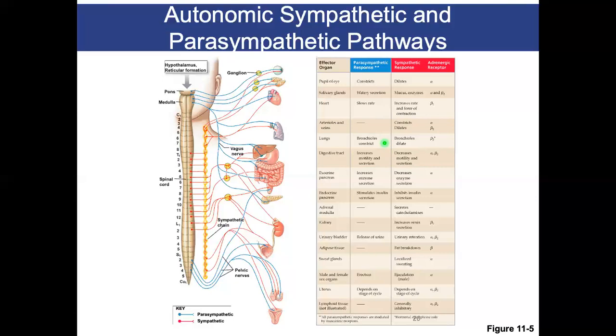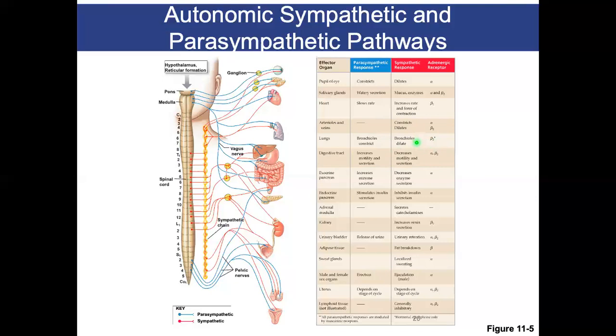So what's the treatment for that? They're actually going to give you epi, or they're going to inject you with an EpiPen, or you're going to give yourself an epi injection. How does that epi affect the lungs? That epi is going to bind to beta-2 adrenergic receptors and dilate those bronchioles, or open up those airways so that you can actually breathe.